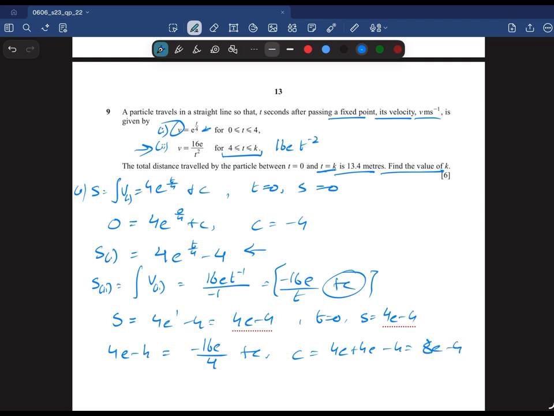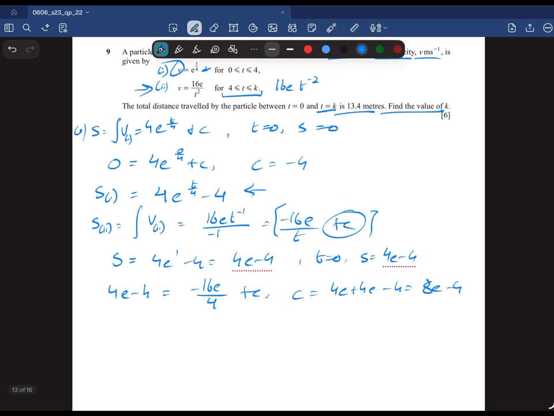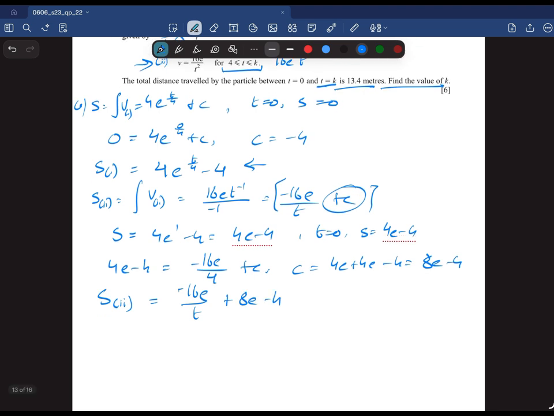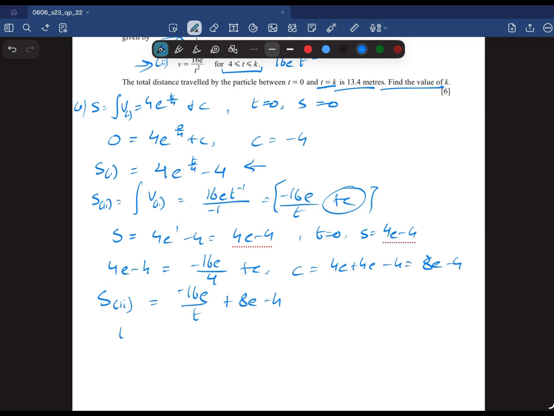8e minus 4. There you go. Finally, the displacement is given by negative 16e upon t plus 8e minus 4. Finally, we can equate it to 13.4: negative 16e upon k minus 8 plus 8e minus 4.